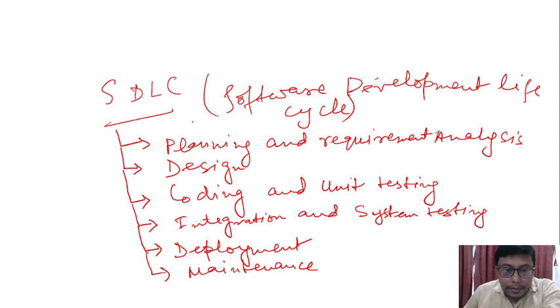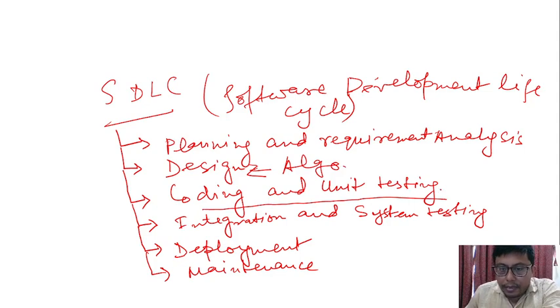So in this design phase, we write algorithms, the algorithmic steps of a particular program, an algorithm which will perform a specific task. Okay. And in this coding and unit testing phase, the developers are responsible to write the programs which are actually the implementation of these algorithms.